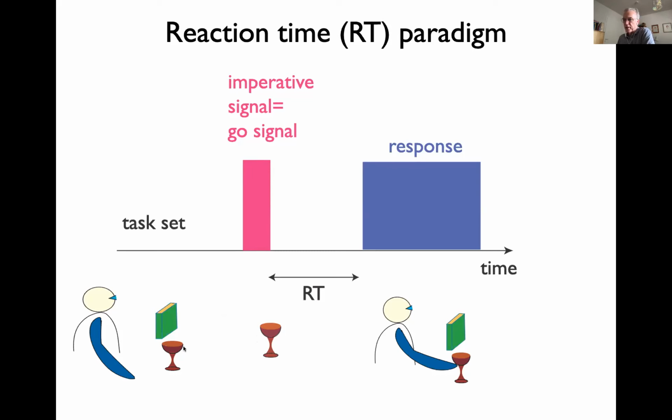For instance, here I'm suggesting that this participant knows or has learned that there are only two choices, it's either the book or the cup. And then the time it takes to select this object depends on the fact that there's only one alternative, or whatever, fast reaction. Well, if there are many, many alternatives, maybe also alternatives that look very similar, then there might be a longer reaction time, for instance.